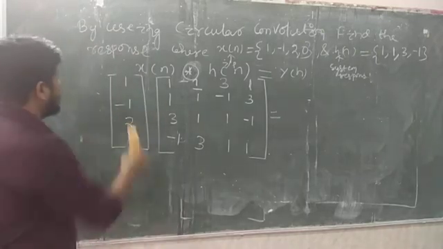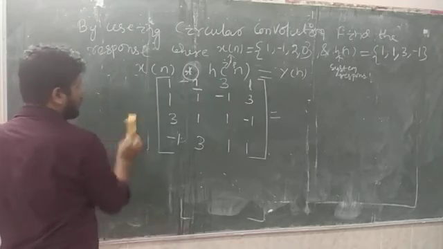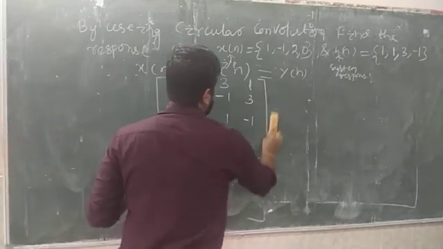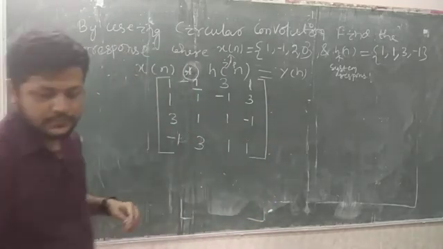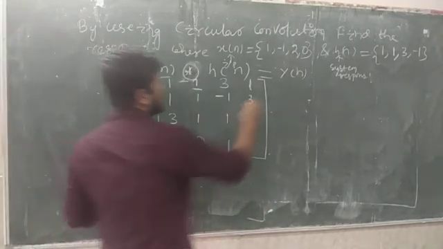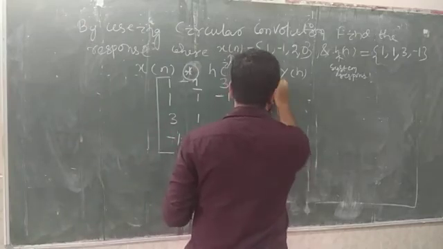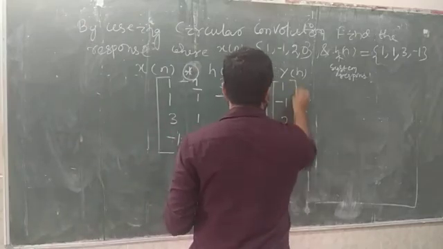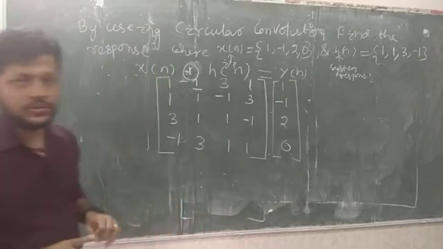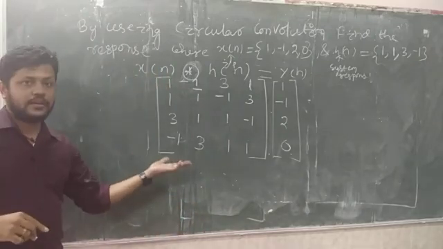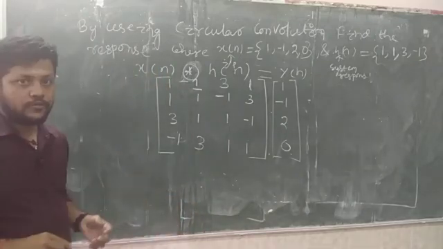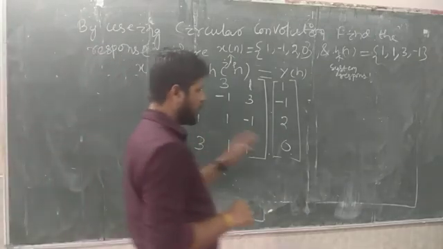First we write the 4 by 4 matrix, then x(n), which is 1, -1, 2, 0, as a 4 by 1 matrix, and then multiplication will be possible.